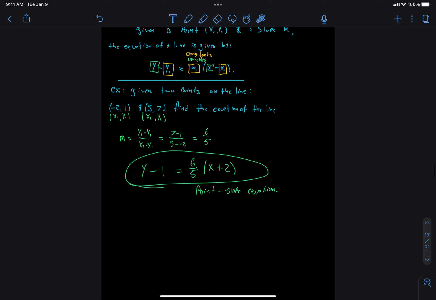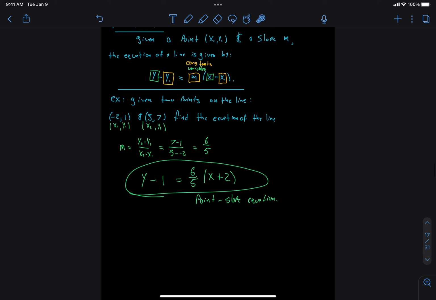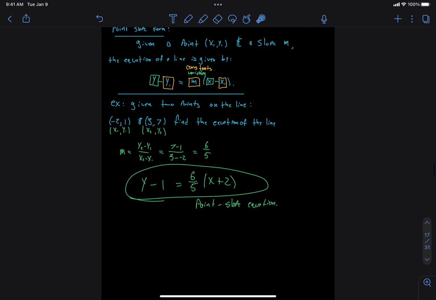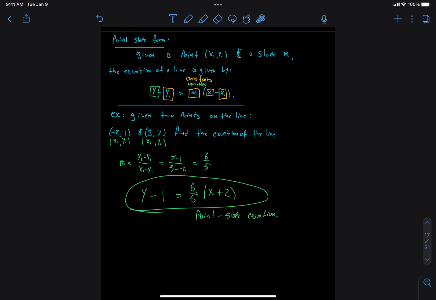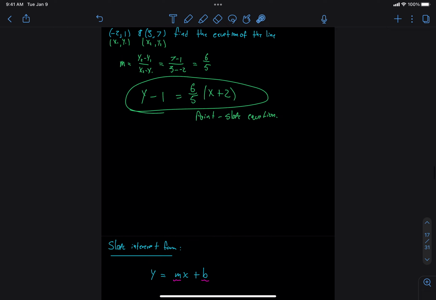Point slope form is arguably better than slope-intercept form in terms of being able to see what this line looks like. So I would say it's fine to leave it like that, but I'll always specify otherwise in the instructions.